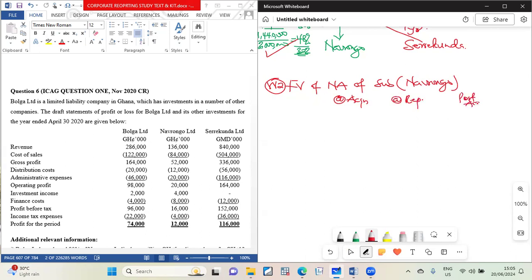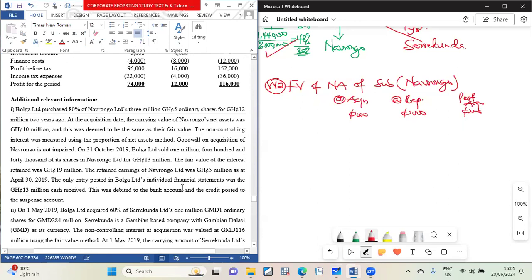Please, because of this, you need to show the currencies. Since it's in Navrongo, we need to show the currencies here. Because if you are doing for Serekunda, currencies too become very, very important. All right, so that is that. So normally you start with your stated capital and everything. But the question told us that we've been given the values of the net assets at acquisition, but there was a brand something to deal with, right?